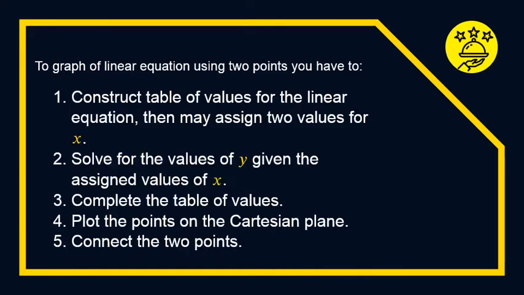First, construct a table of values for the linear equation, then you may assign 2 values for x. Second, solve for the values of y given the assigned values of x. Third, complete the table of values. Fourth, plot the points on the Cartesian plane. And last, connect the 2 points.